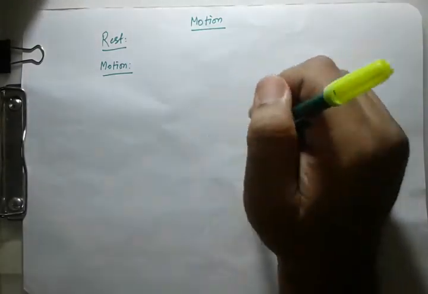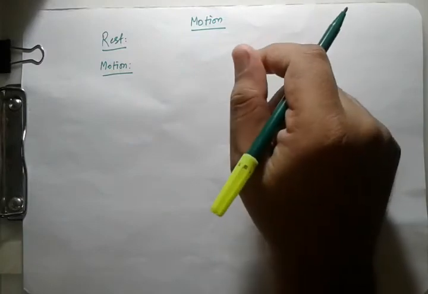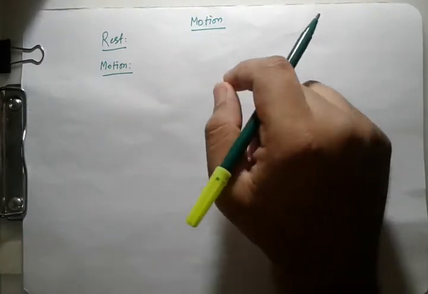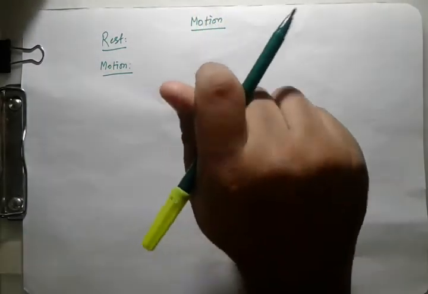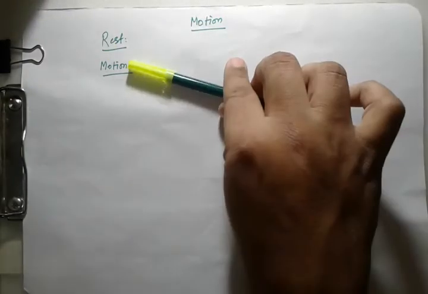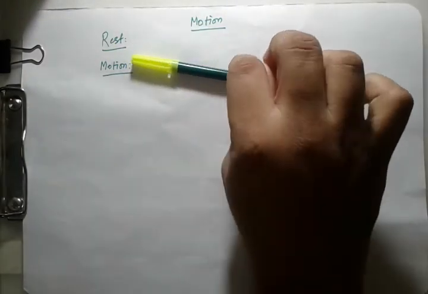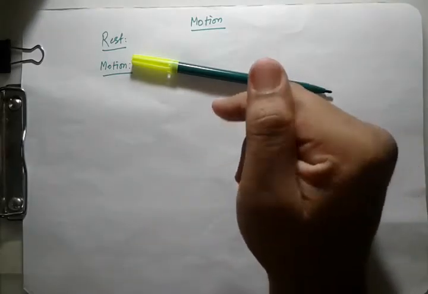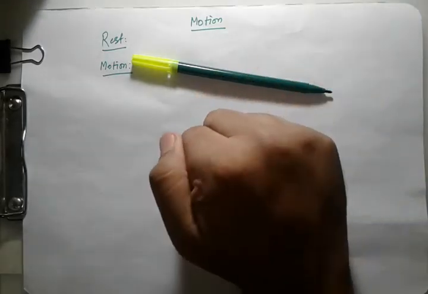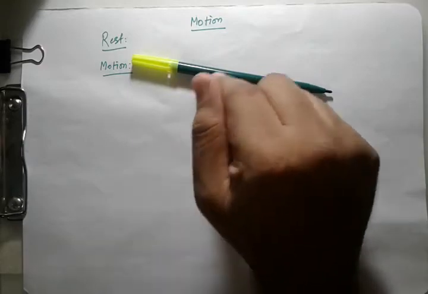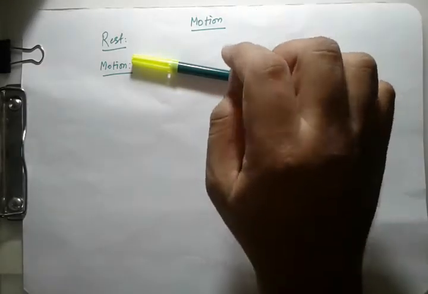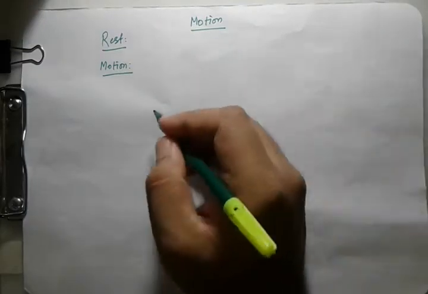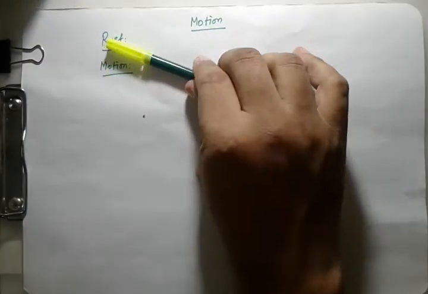Even the earth is not at rest. Earth is also moving around the sun, but sitting in the room, you see that the pen is at rest. That means we are measuring with our point of reference. Point of reference means from where we are observing the thing. Suppose I am standing in this position and observing this pen.